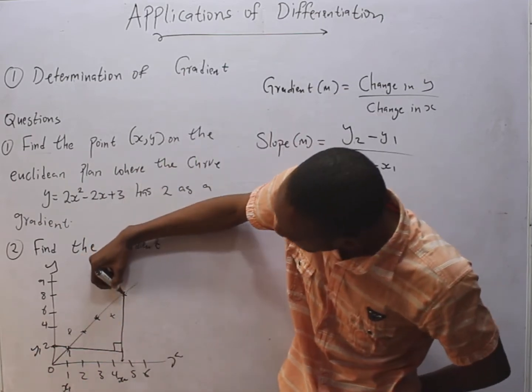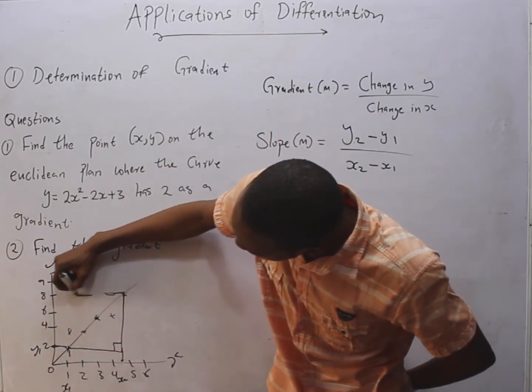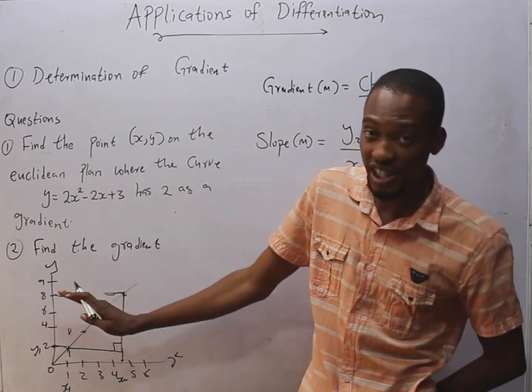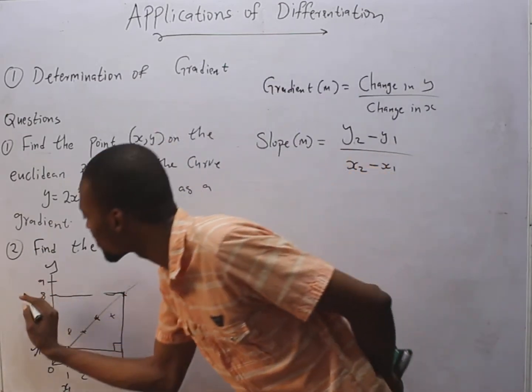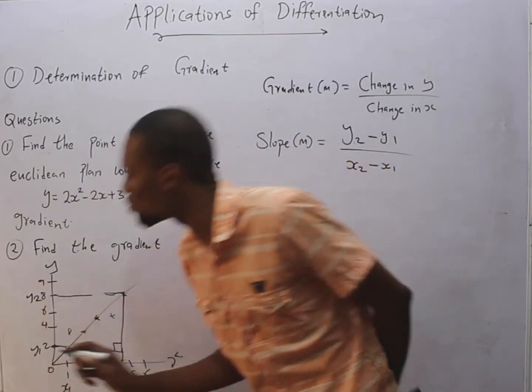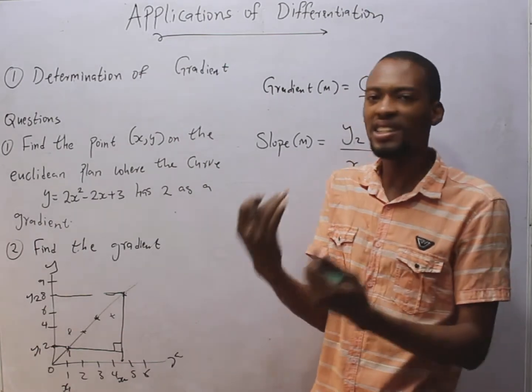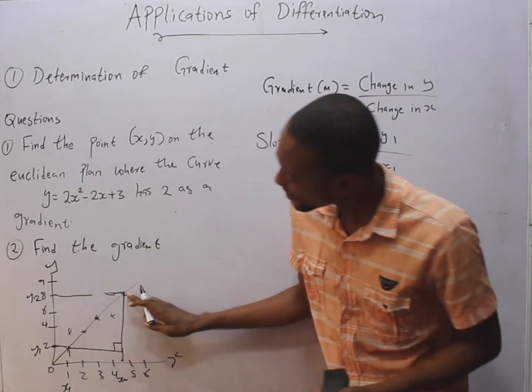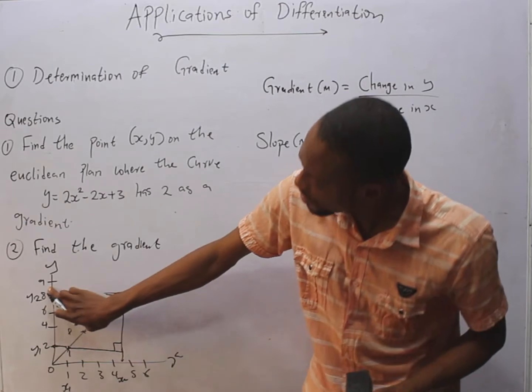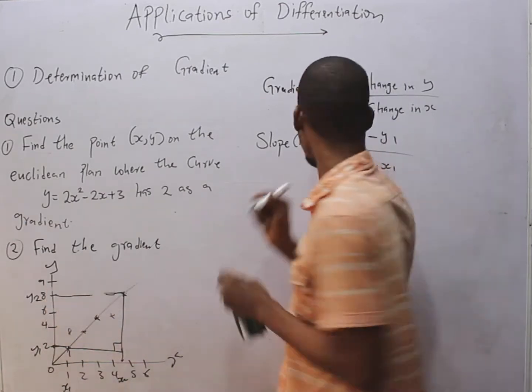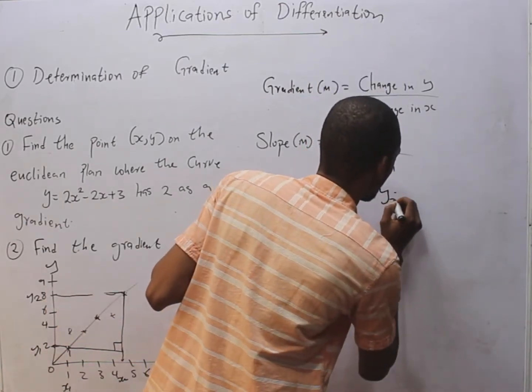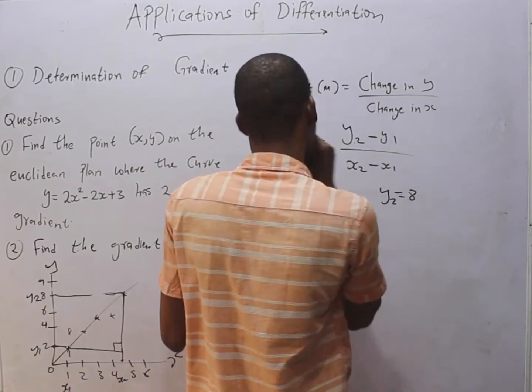And moving from here down, assuming this line is straight, any value here is the second value of y, which is y2. Meaning in this graph, this point corresponds to when y is equal to 8. So y2 is equal to 8.